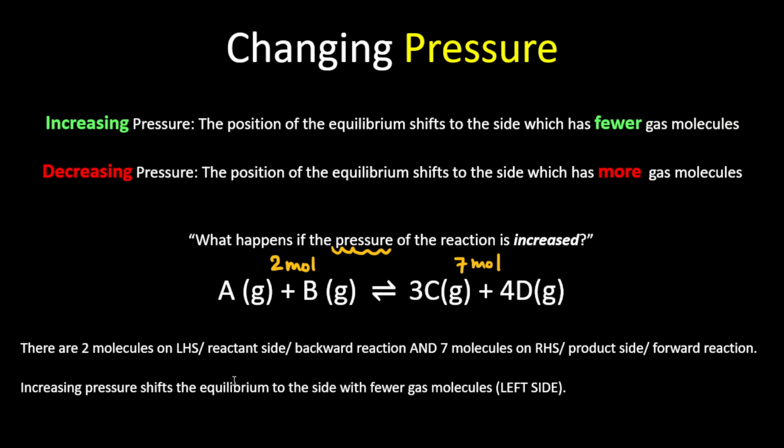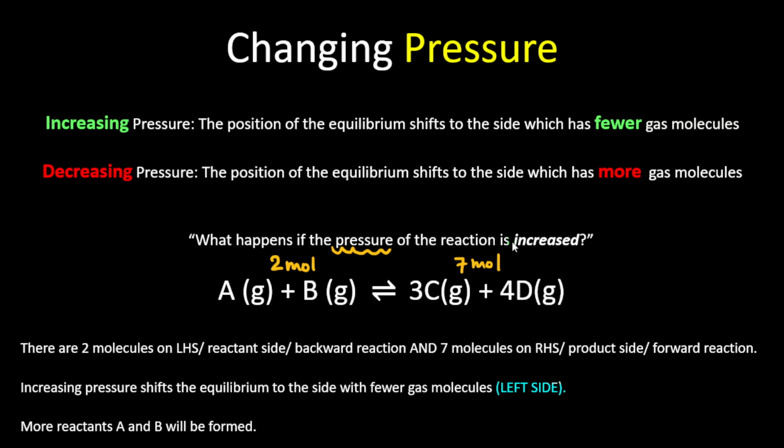Increasing pressure shifts the equilibrium to the side with fewer molecules, and it's important for you to mention whether it is going to be left or right. And then finally you write what is going to be produced. More reactants A and B will be formed.